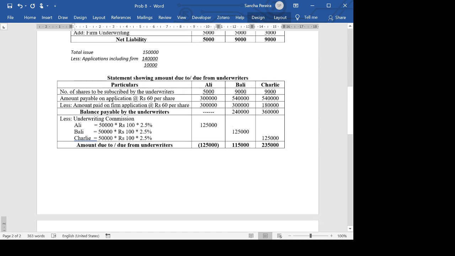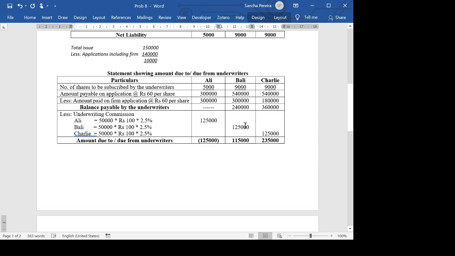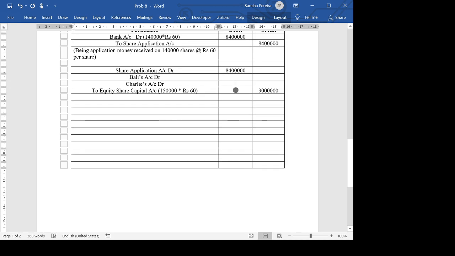Bali has to pay 2,40,000 and Charlie has to pay 3,60,000. If you do the calculation, this total 84 lakhs plus 2,40,000 plus 3,60,000 will come to 90 lakhs. When you're transferring to share capital account, you need to be a little careful. You first transfer to share capital the total amount on the total issue, and then the balance will be adjusted towards the underwriters.